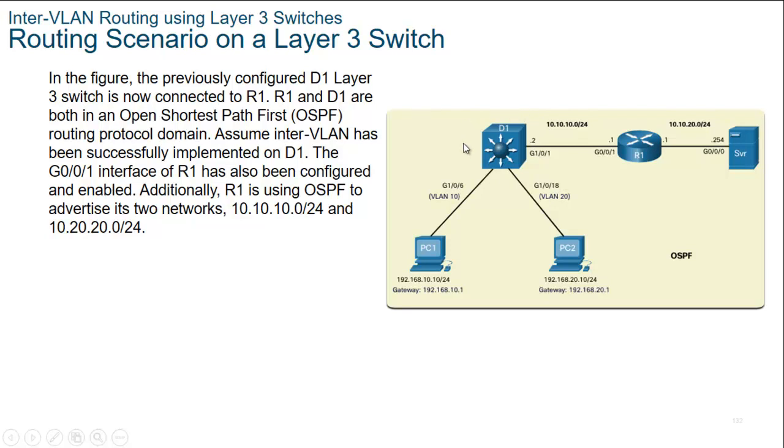And in this example, the layer 3 switch D1 is linked to a router. In this case, routing is using dynamic routing OSPF. For the sake of simplicity, let's assume that all these configurations has been done. We are just going to focus on how we are going to change this port from a switch port to a router port and then enable routing to happen.